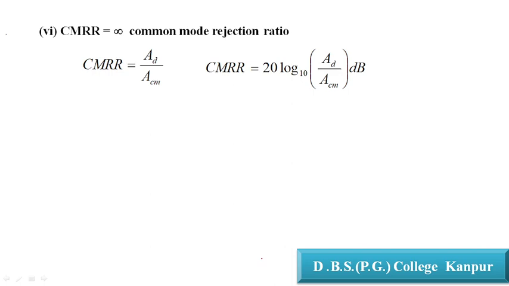What is the common mode rejection ratio? It is the ratio of differential mode gain to common mode gain. It is very important, measured in dB: CMRR in dB is 20 log base 10 of AD upon ACM. AD is the differential mode gain and ACM is the common mode gain.